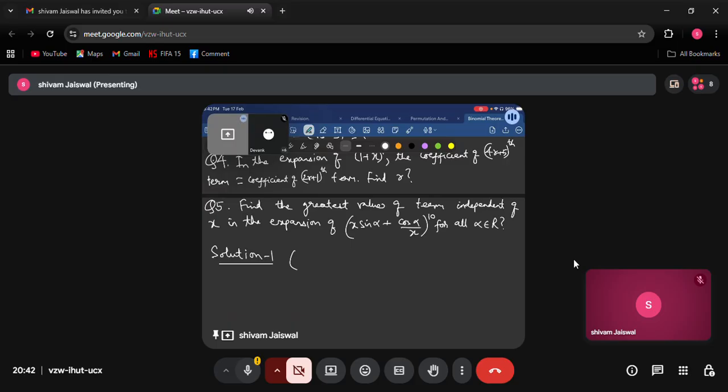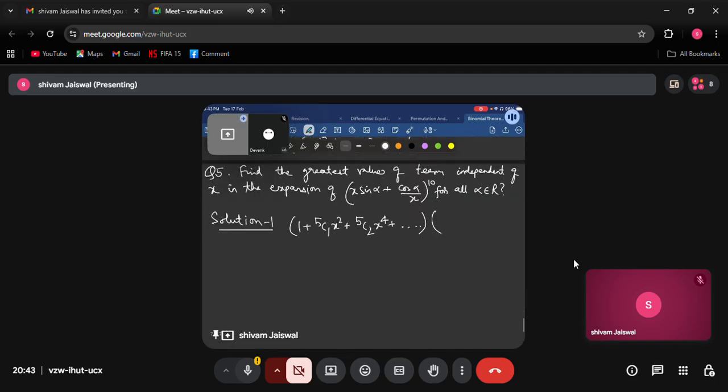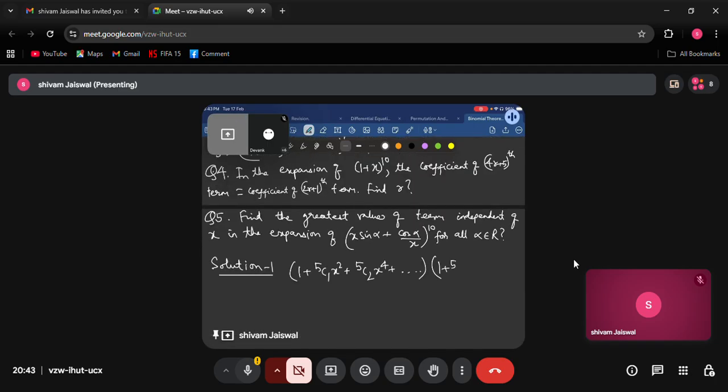It will be 1 plus 5c1 into x square plus 5c2 into x to the power 4 plus dot dot dot dot. Okay, Shomita, check your answer again. Multiplied by 1 plus x whole to the power 4. So 1 plus 4c1 into x plus 4c2 into x squared plus dot dot dot dot.